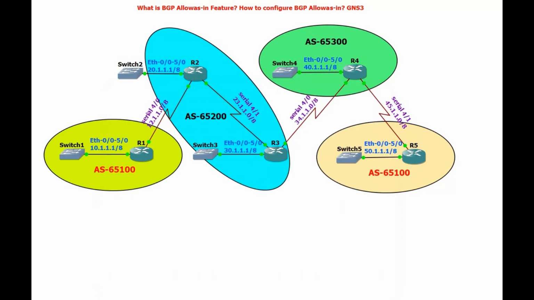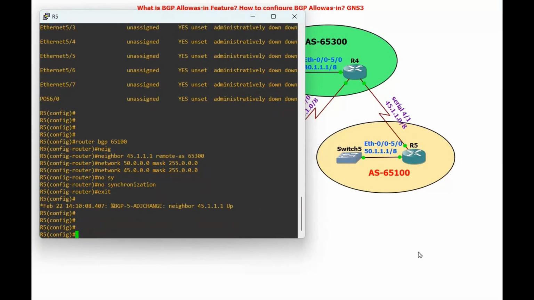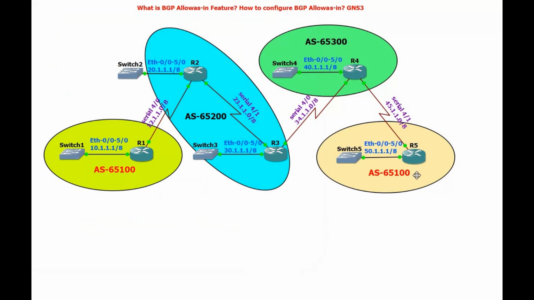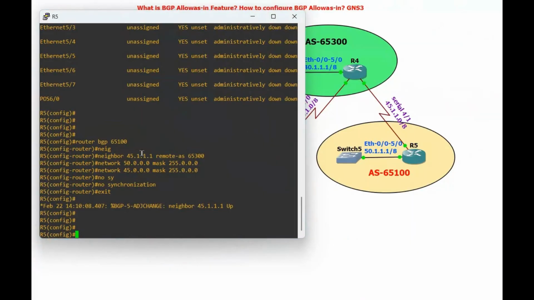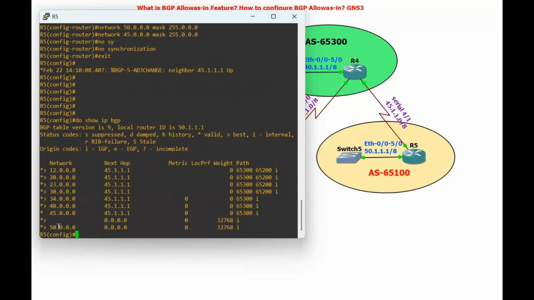Now let's check our last router, router 5. Router 5 will also not accept the 10 dot network in its routing table because of the same AS. Do show IP BGP. You can see the 50 dot network, 20, 30, 40, but not the 10 dot network.